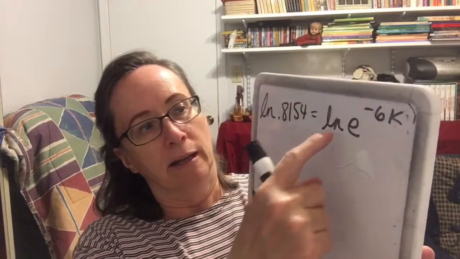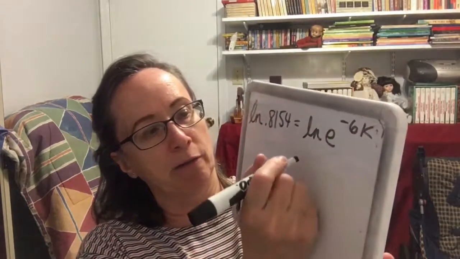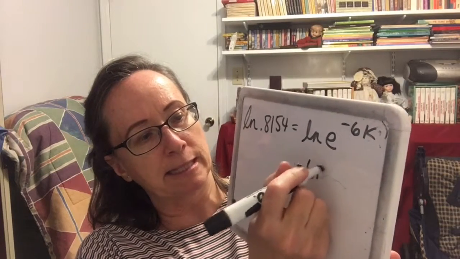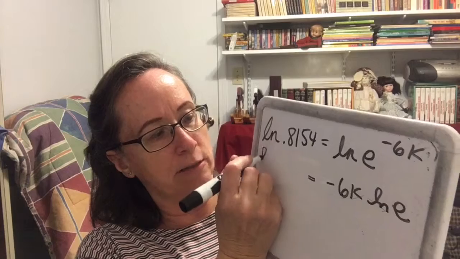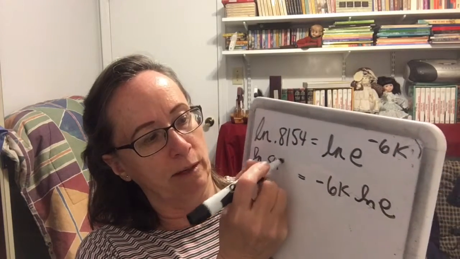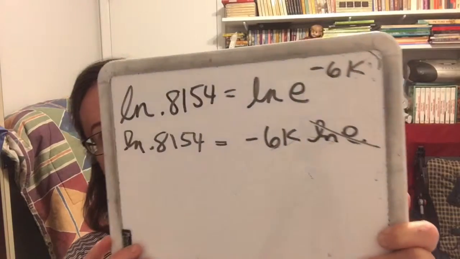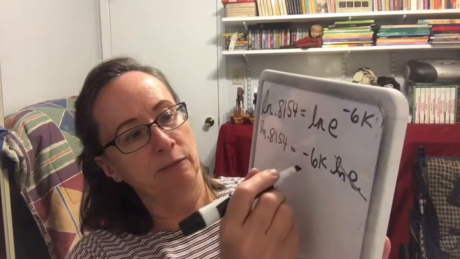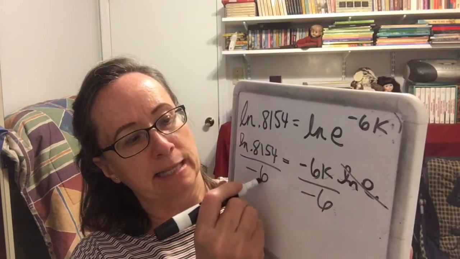Now my exponent is going to run around and become a coefficient, so I get negative 6k natural log of e equals natural log of 0.8154. Now the natural log of e goes to 1, and I can divide this side by negative 6 and divide this side by negative 6.